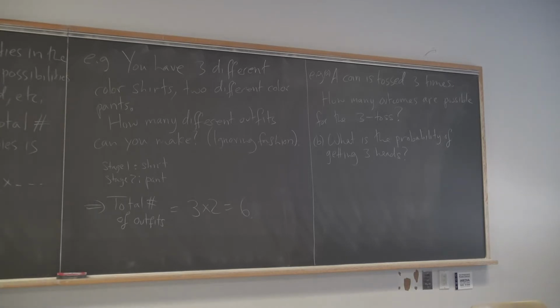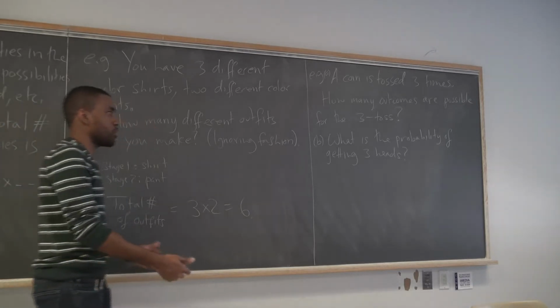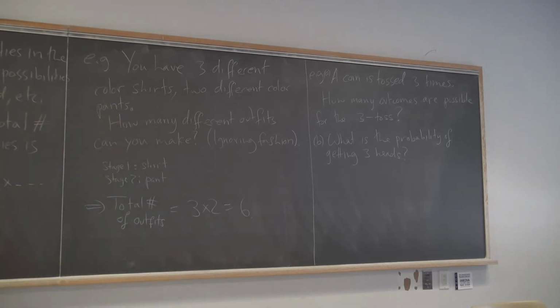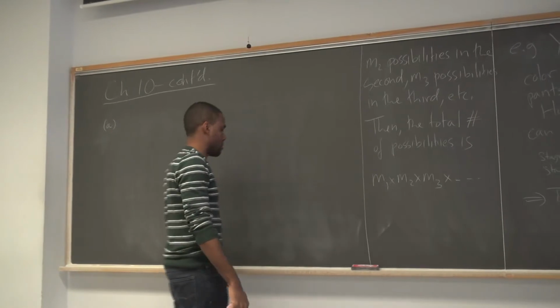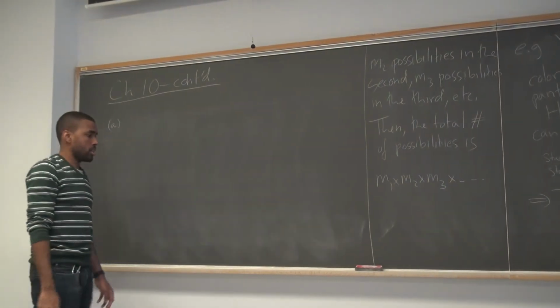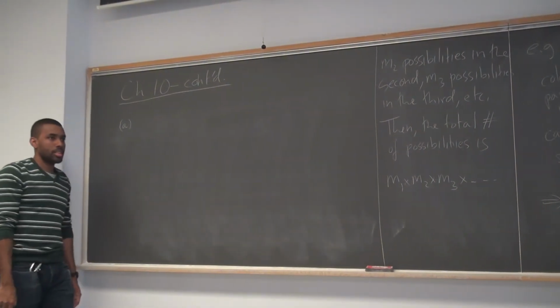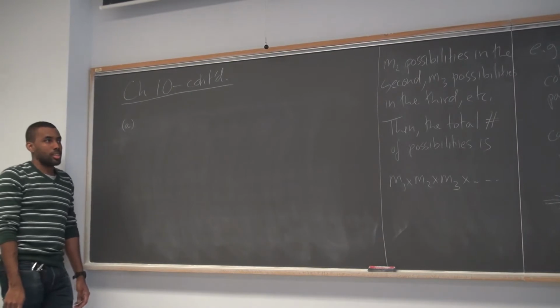So first we have to figure out how to count these. What are the total number of possibilities and how many ways can I get 3 heads, so I can figure out what my chances are of winning at this game. What do you think is the answer? 6.